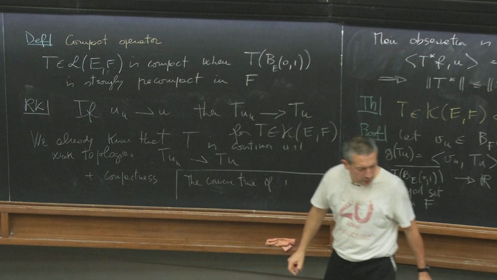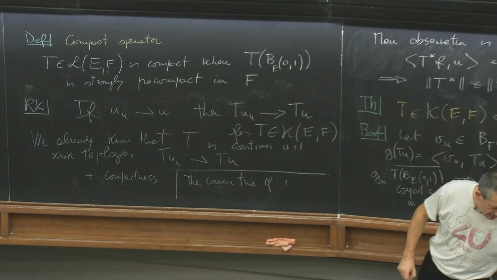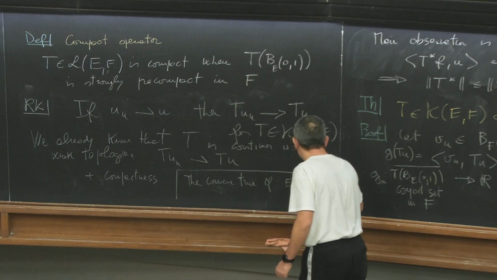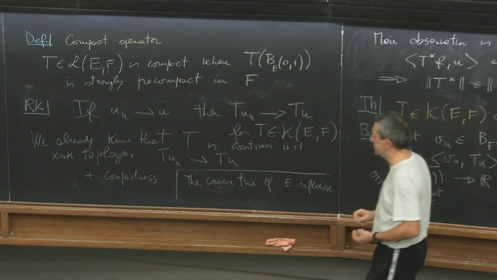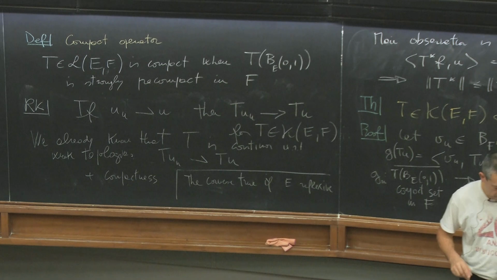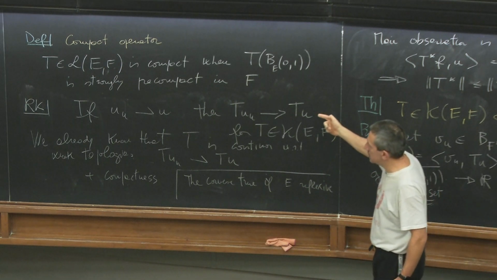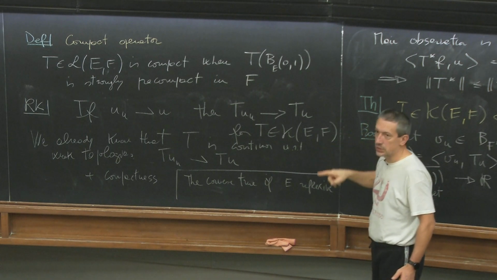If E is reflexive. What do you mean converse? Yes, that any weakly convergent sequence has an image which is strongly convergent, then T is compact.